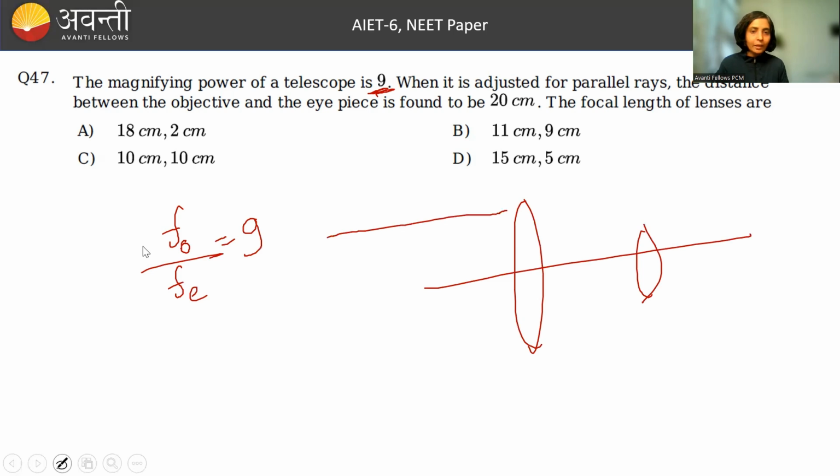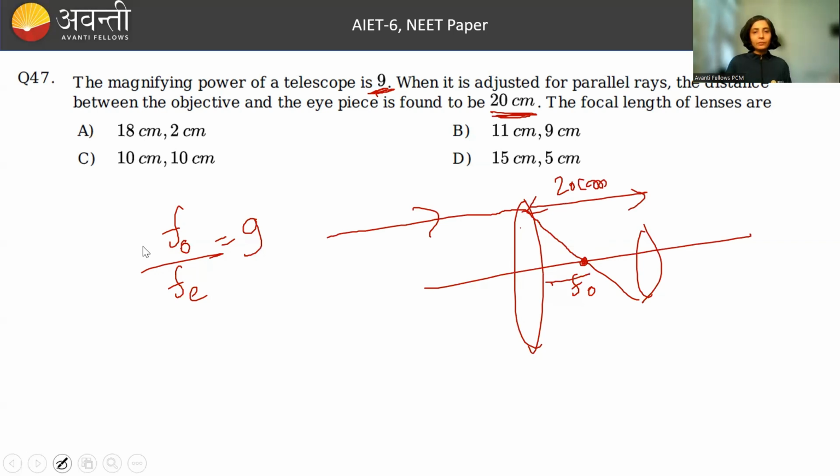It means light is coming from infinity. Parallel rays means light coming from infinity. So it will bend at focus of objective. So this is F0. And the distance between objective and eyepiece is found to be 20 centimeter. This distance is given here. This is 20 centimeter.